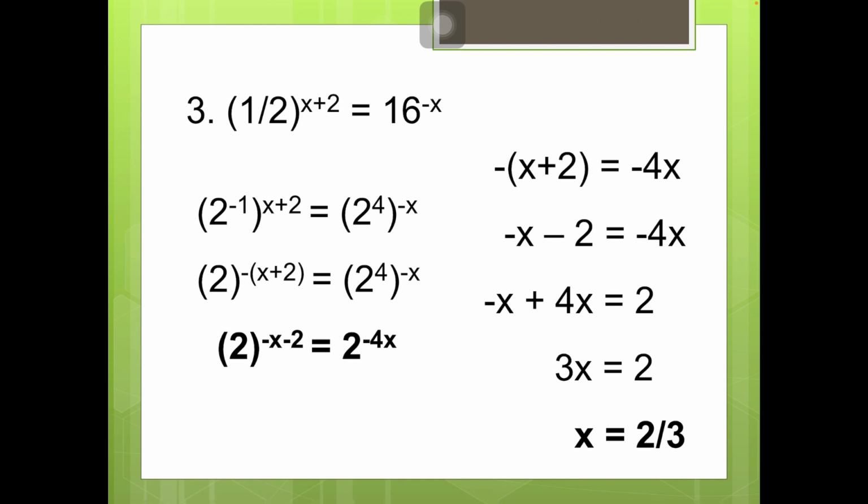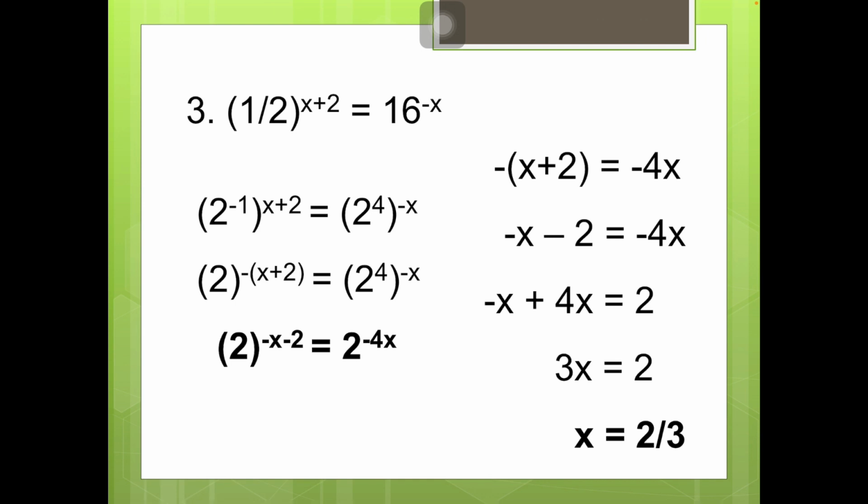Then copy the exponent, x plus 2, is equal to 2 raised to 4, the equivalent of 16, raised to another exponent, negative x. Next step is to distribute negative 1 to the exponent, x plus 2. So 2 raised to negative x plus 2 is equal to 2 raised to 4 raised to negative x.